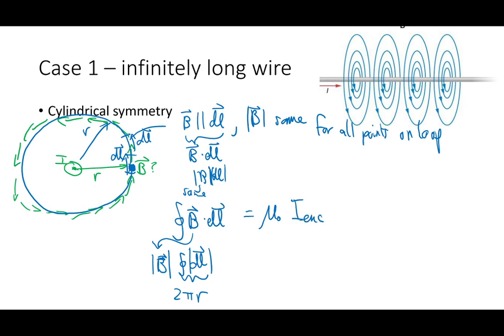Then we have to worry about the I enclosed, which is all the current going through the surface enclosed by that loop.